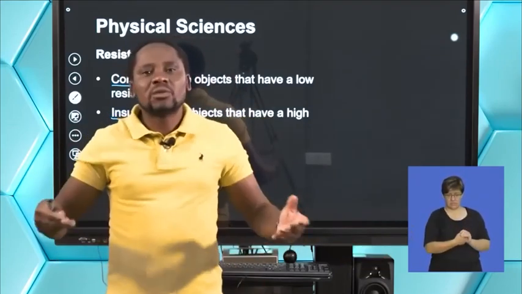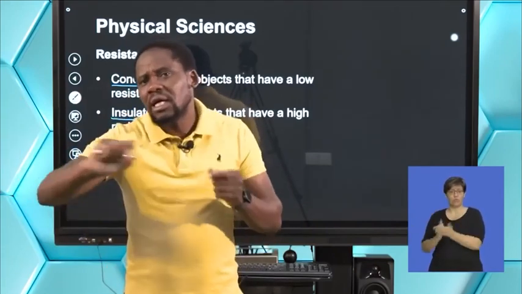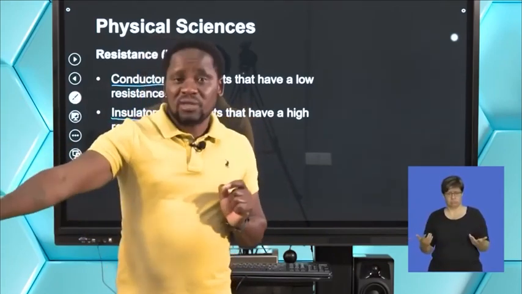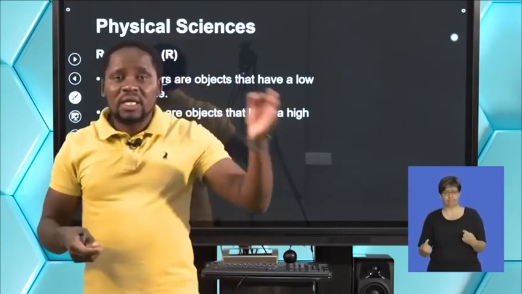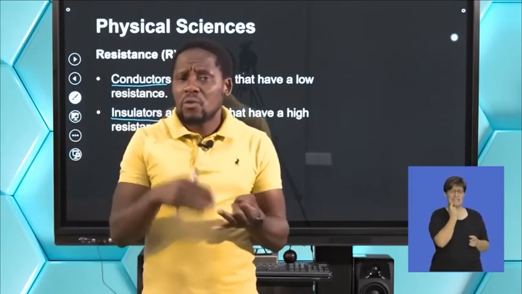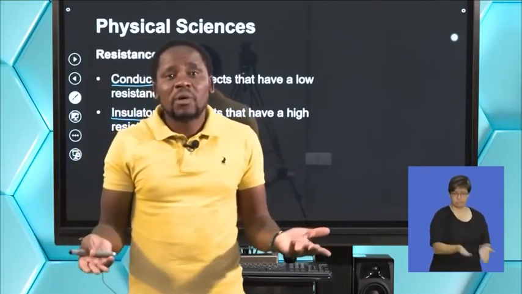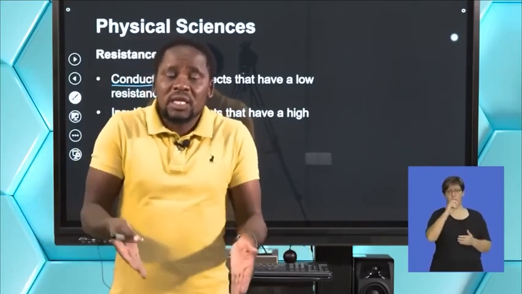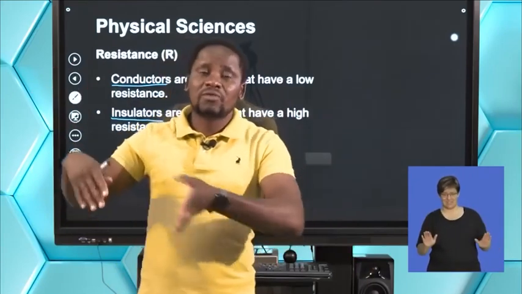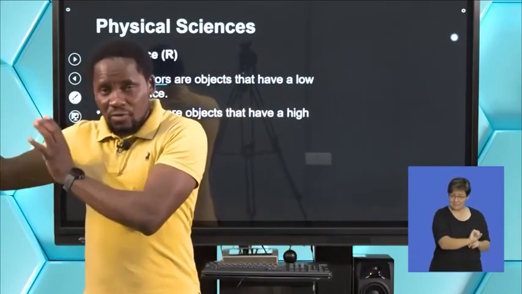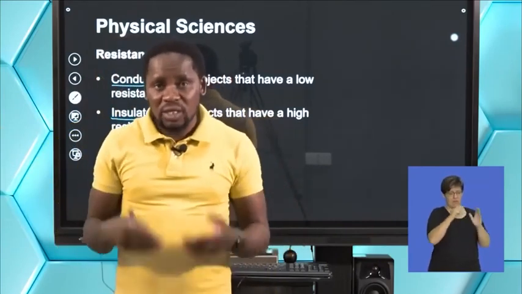Insulators will be your plastic material, as an example, which does not allow electric charge or current to pass through. Electrical conductors are your nichrome wire and your copper wire. As you would establish when we use the simulation, we always use the copper wire. Why? Because it's an electrical conductor. So in terms of physical properties, take note of the function of those electrical components in their use in the circuit.